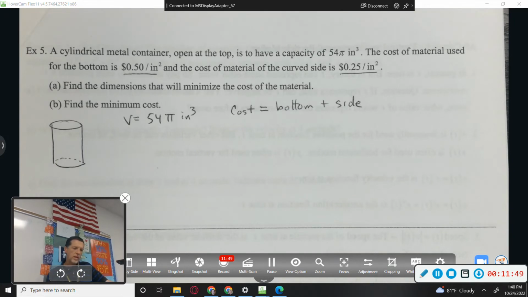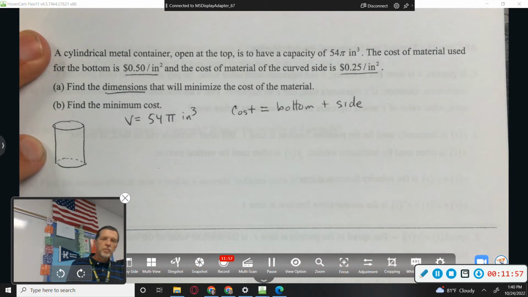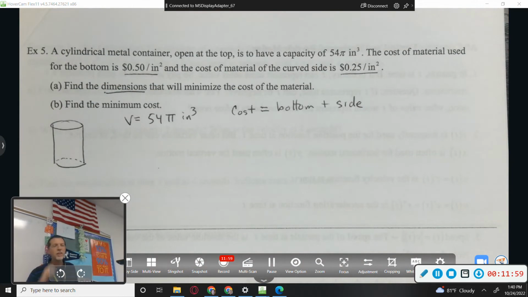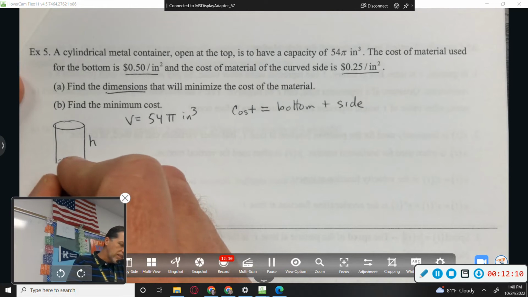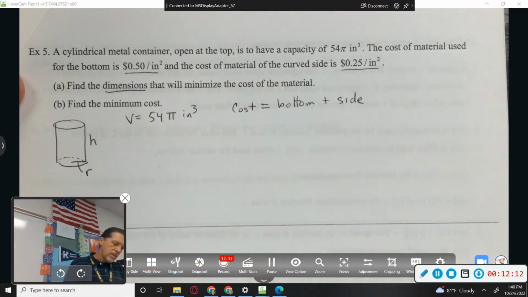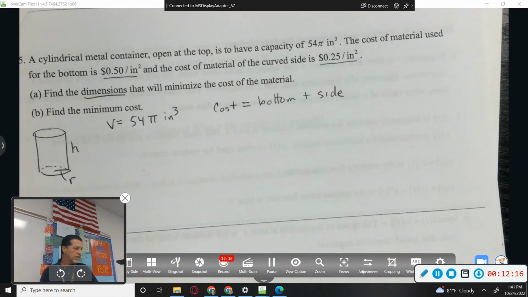Okay, let's see. I need some dimensions. So what dimensions, find the dimensions. What dimensions would I be looking for? What are the dimensions of a cylinder? The height. And what else? The radius. Okay, so do you know the volume of a cylinder?